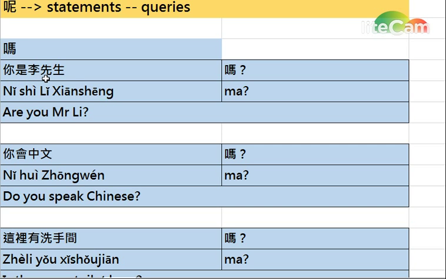And we just add the particle ma at the end of a plain statement so that it can be a yes-no question. And the question is, 你是李先生吗？ So in English it is, are you Mr. Li?